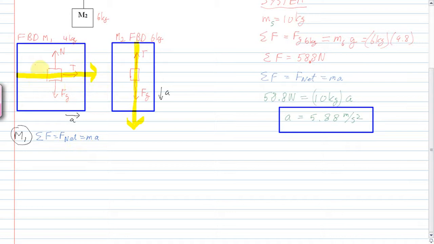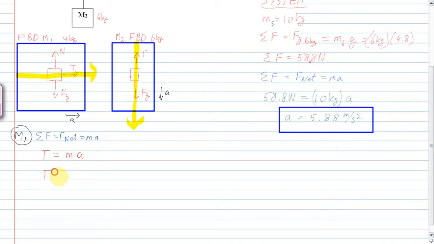There's only one force acting to move this one. It's the tension. The tension is equal to the mass times the acceleration. Please have that step. You need that step. It's the applied Newton's second law.